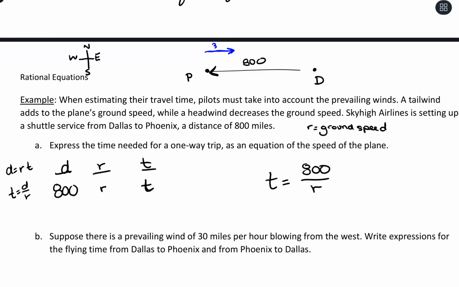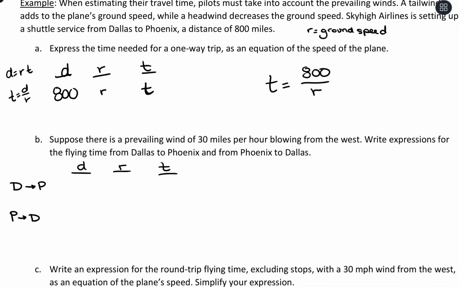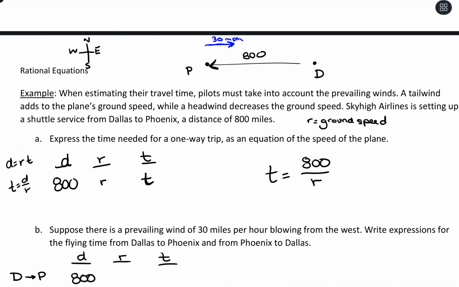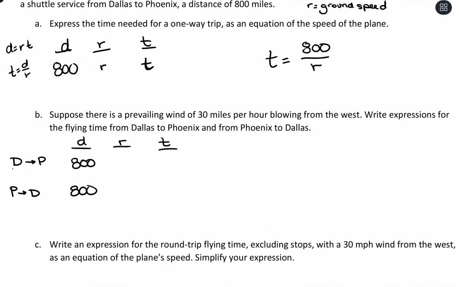So let's go Dallas to Phoenix, Phoenix to Dallas, and talk about distance, rate, and time for each of those trips. The distance covered is going to be the same. If we're going Dallas to Phoenix, that's going to be a headwind. We're going against the wind. Whereas Phoenix to Dallas, where we're going west to east, we're going along with the wind. So it'll be a tailwind.